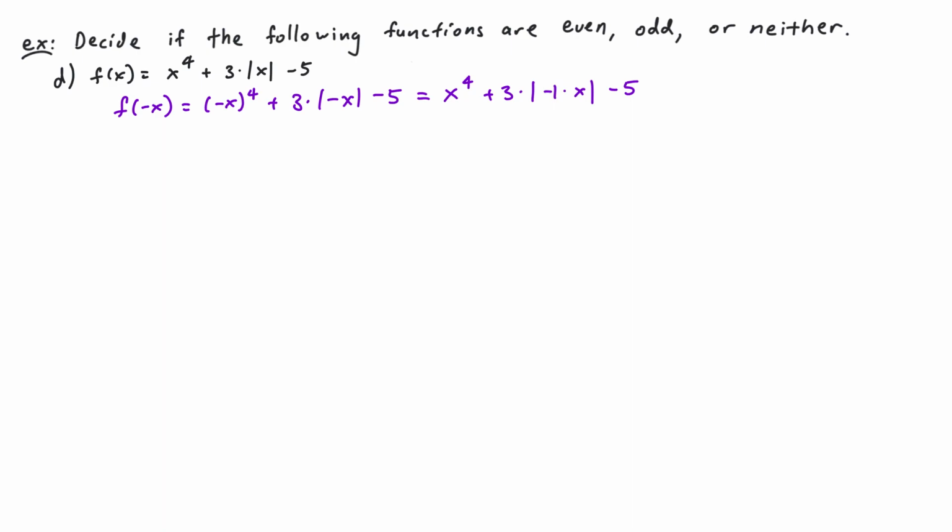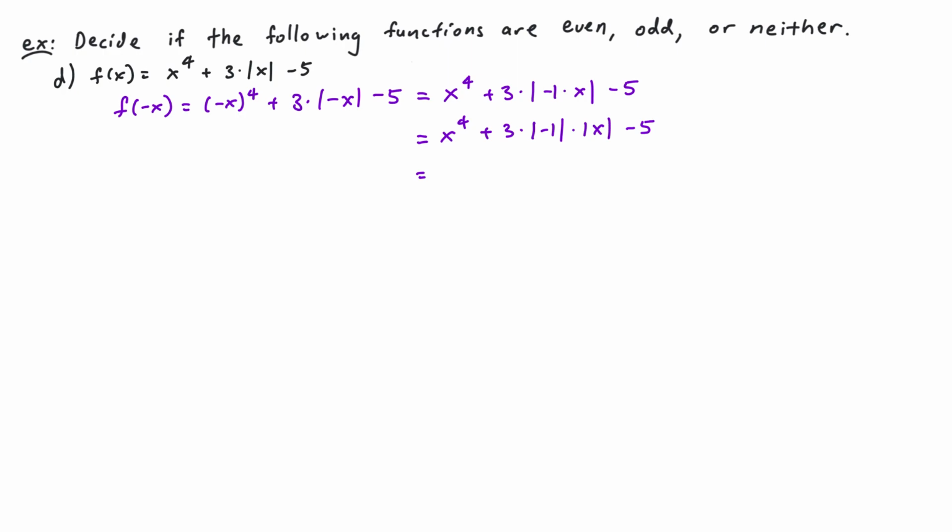This is because making a product of two numbers positive is the same as first making the numbers positive and then multiplying them together. Rewriting our expression here, we have x to the fourth plus 3 times absolute value of negative 1 times absolute value of x, and then minus 5.